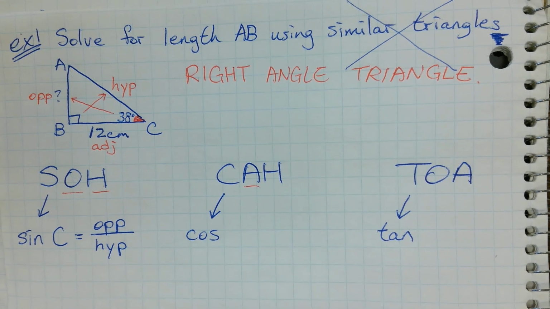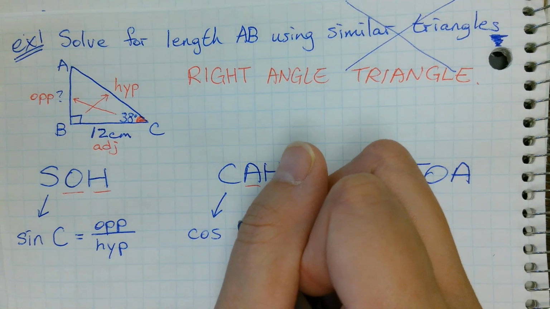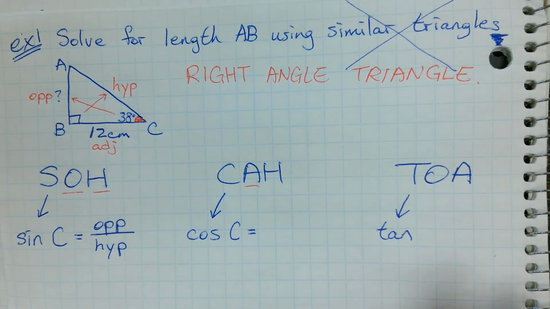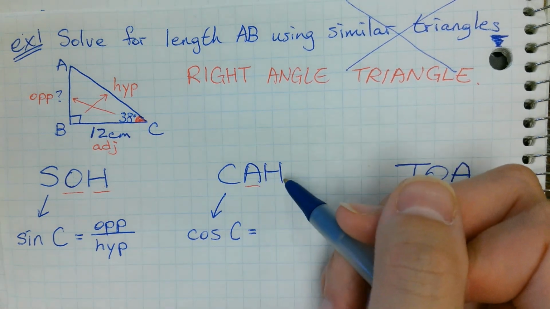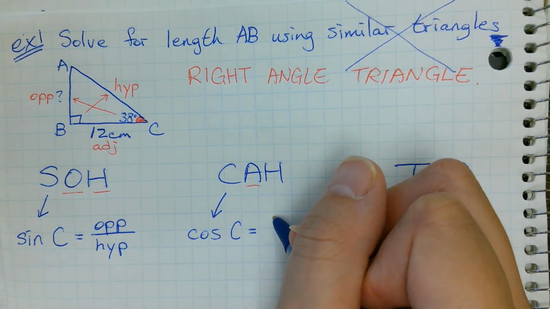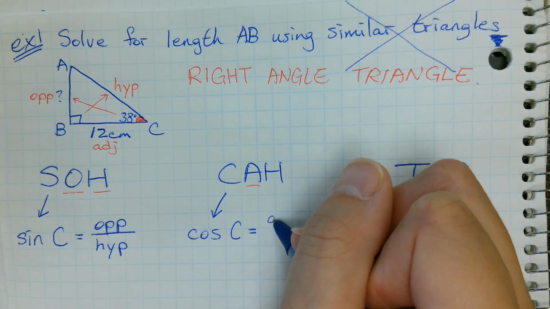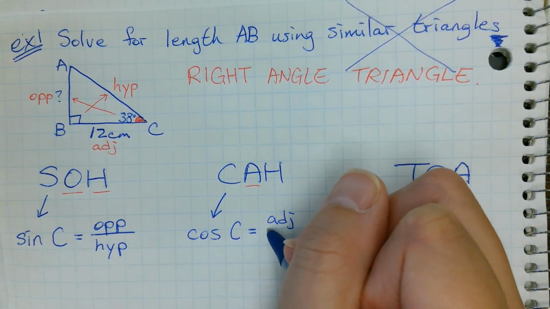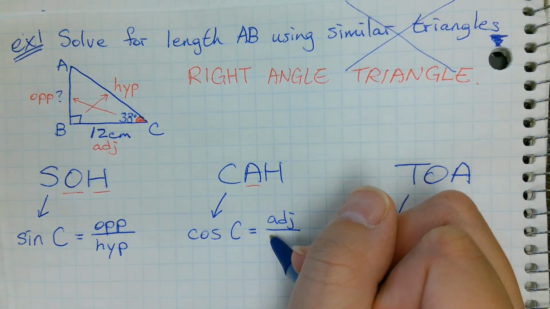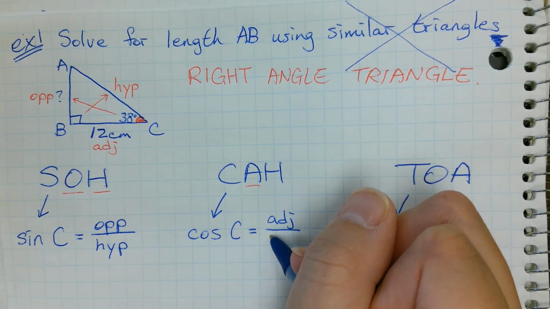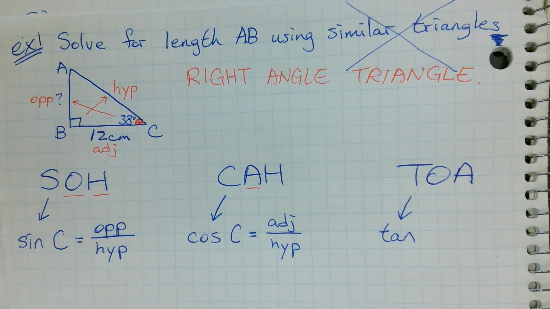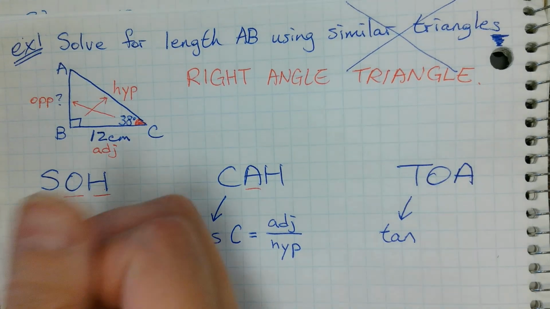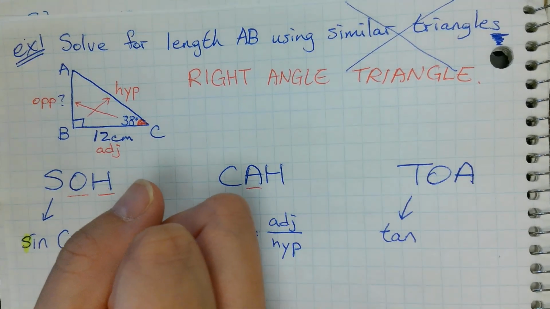So for cosine, the cosine of the angle equals what ratio? It's CAH, so cosine C equals adjacent over what? Hypotenuse.